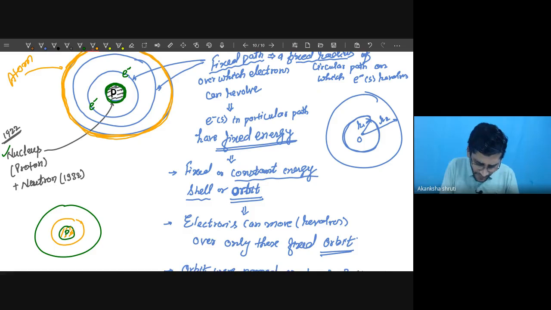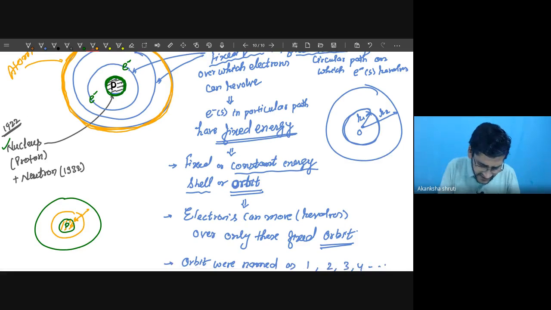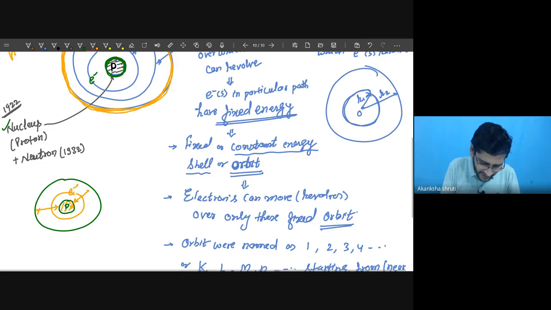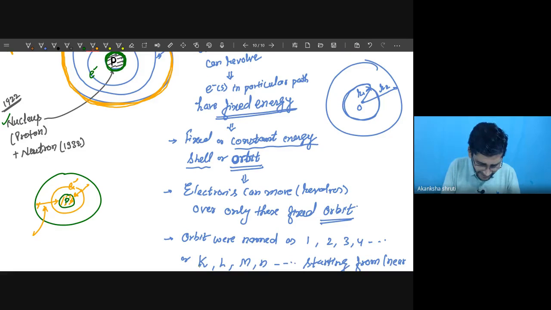But in which path it will revolve, from where to where, was not given. He had just given that electrons are free to revolve from near the nucleus to the outer boundary, wherever the space is available.